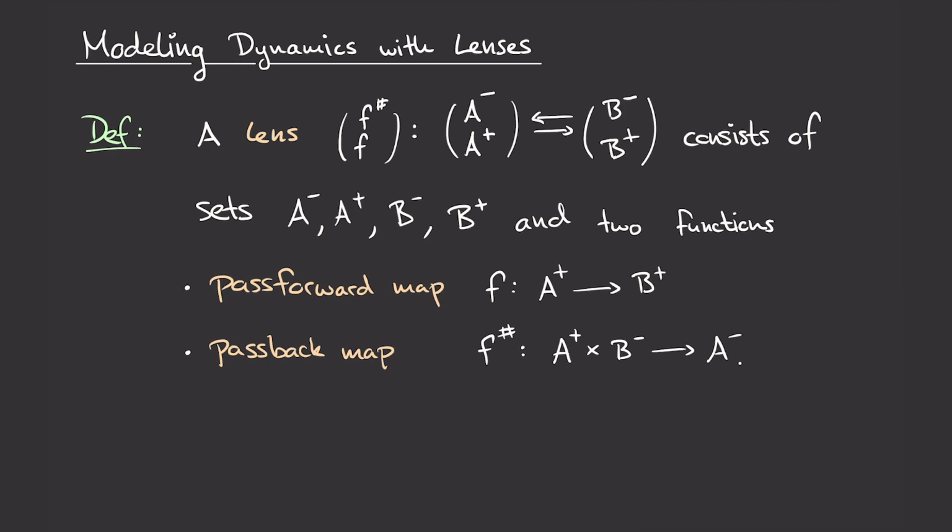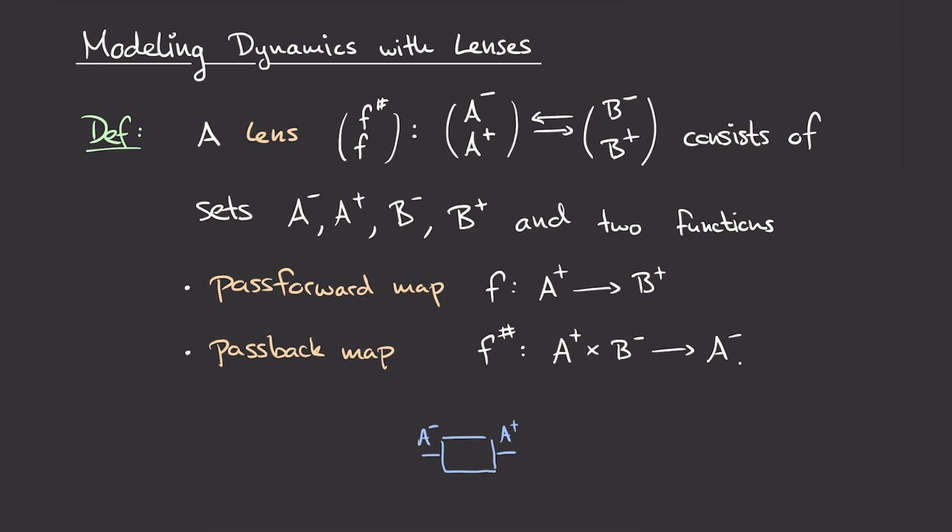Let's draw this. So we have some inner interface, and this will correspond to this pair A minus, A plus. And in this pair, we will think of the A minus as the inputs to the interface and A plus as the outputs to the interface. So this interface here has some inputs, A minus, and produces some outputs, A plus.